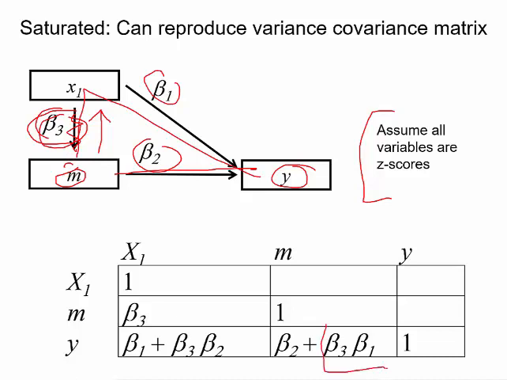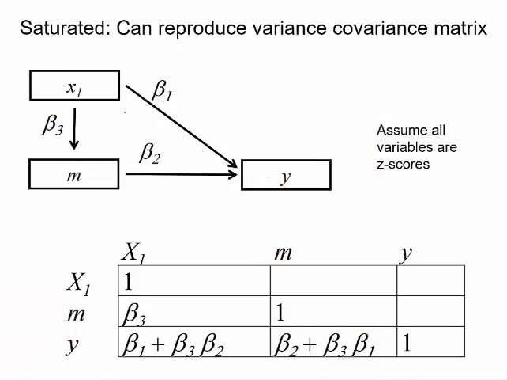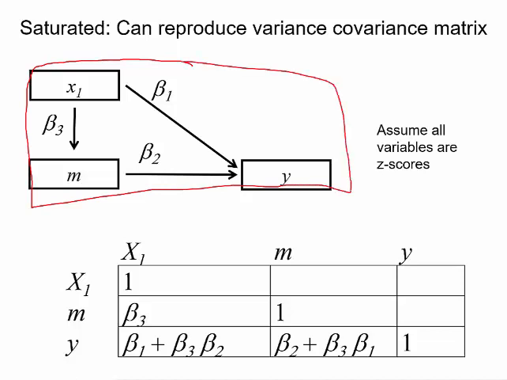So the covariance between y and m is going to be equal to beta 2 plus the product of beta 3 times beta 1. What I've shown you here is that once I estimate my model and get all my parameter estimates for my betas, I can use these parameter estimates to recreate my original variance-covariance matrix.